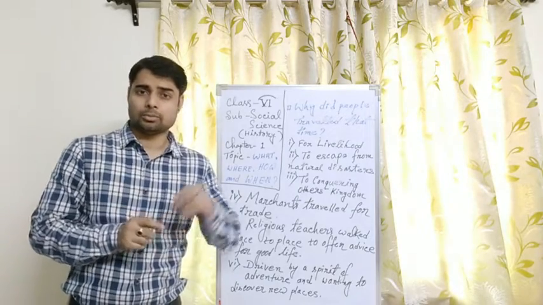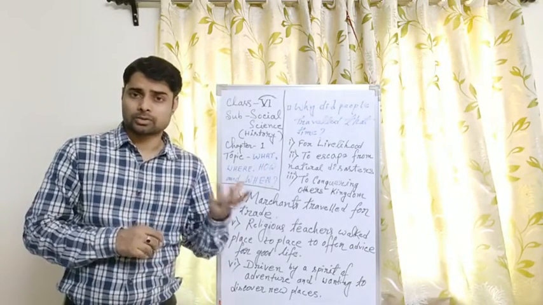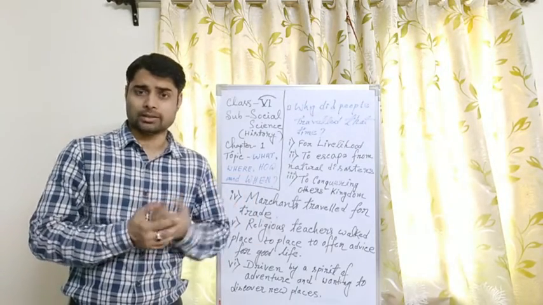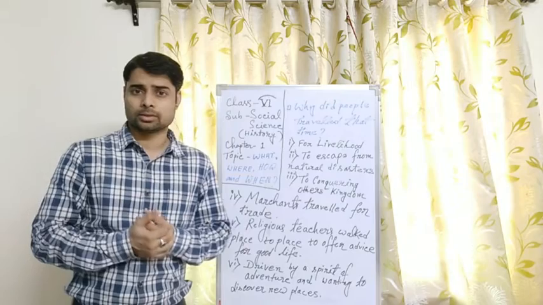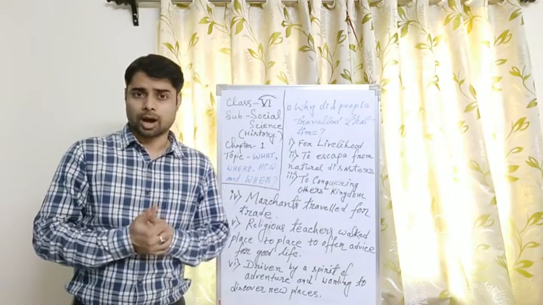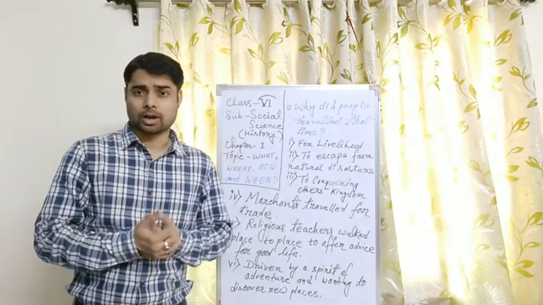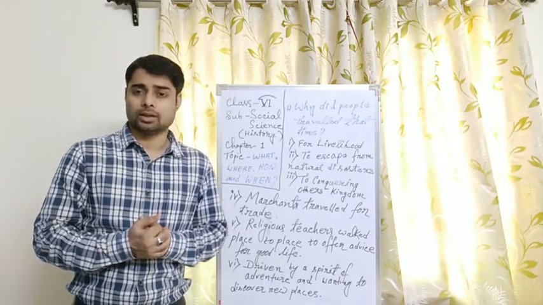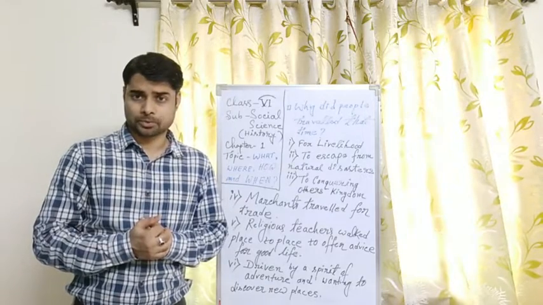So 10,000 years ago, when the first people came to this subcontinent and lived here, they slowly learned how to cultivate, how to hunt animals, and how to make houses.